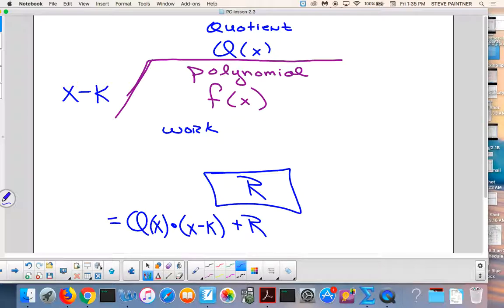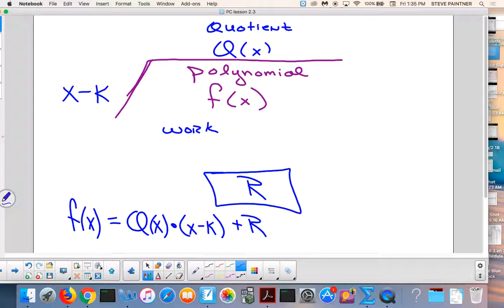The polynomial inside, known as f of x. Guess what? Numbers 47 and 48, they want you to write your answer like this. That's what was so confusing about 47, 48. So whatever you're dividing into, f of x, should equal the answer times the divisor plus the remainder.